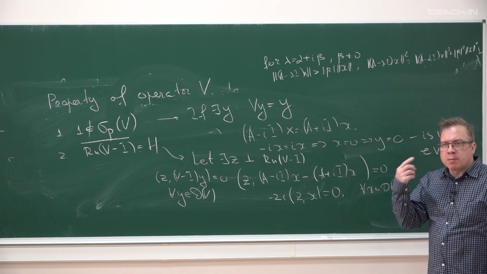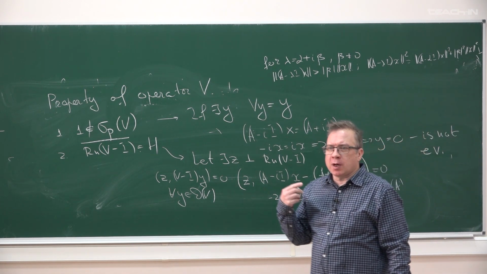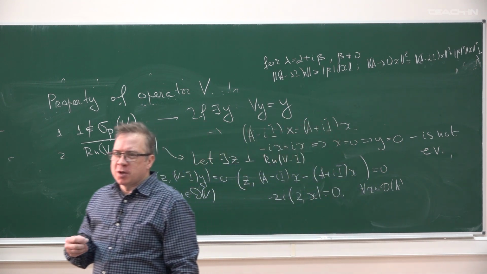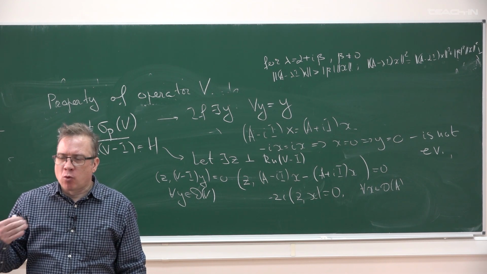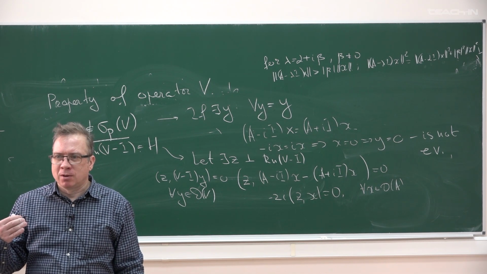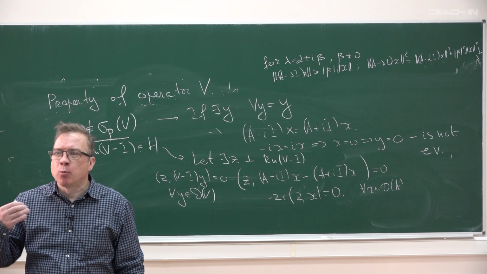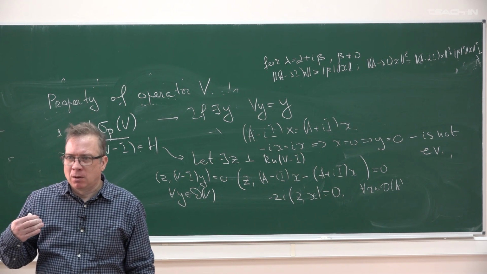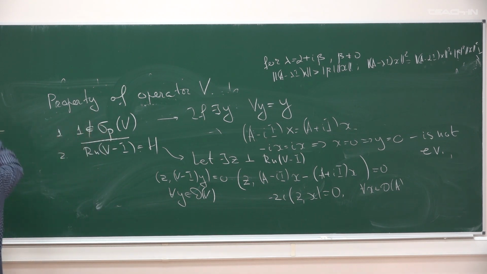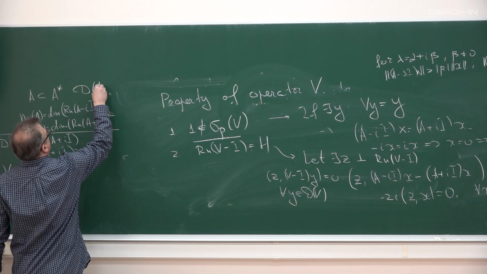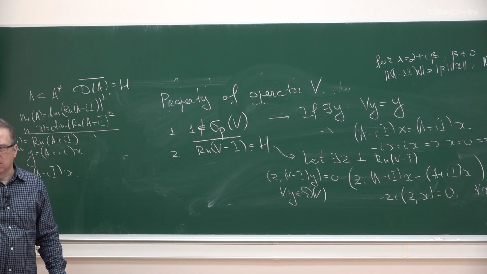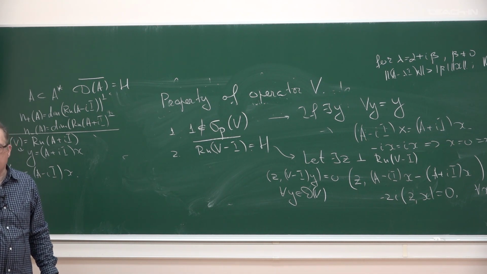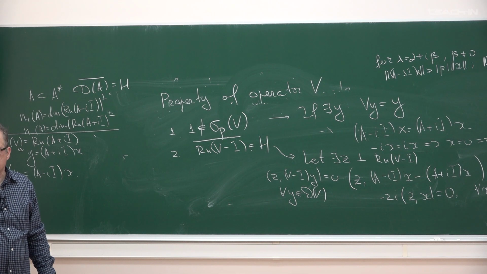But we consider a symmetric operator with what property? I didn't write it today, I forgot about this. But on the previous lectures, we emphasized it. We consider a symmetric operator with a dense domain.